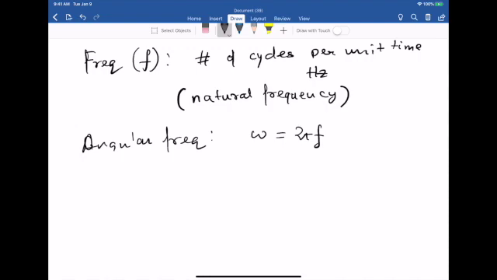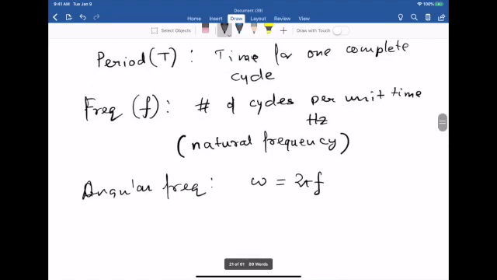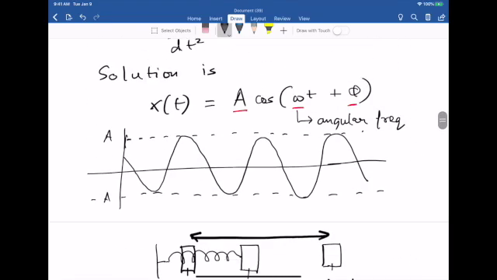Okay. Finally, there is this other constant here, the phi. This is called the phase angle, or also the phase constant. What does that stand for? That is determined by where the system is, what the displacement x and the velocity v of the system are at t equals 0.